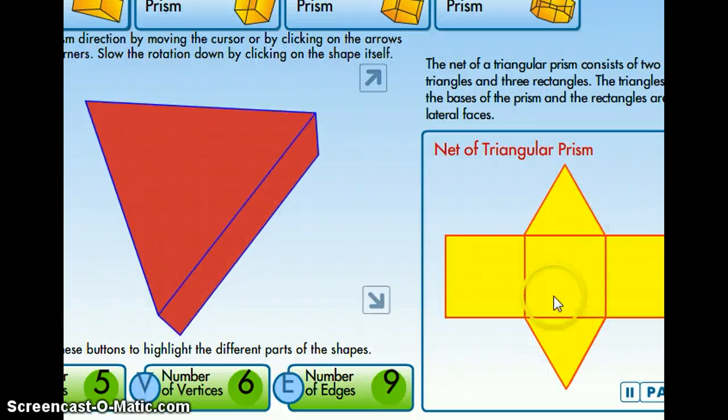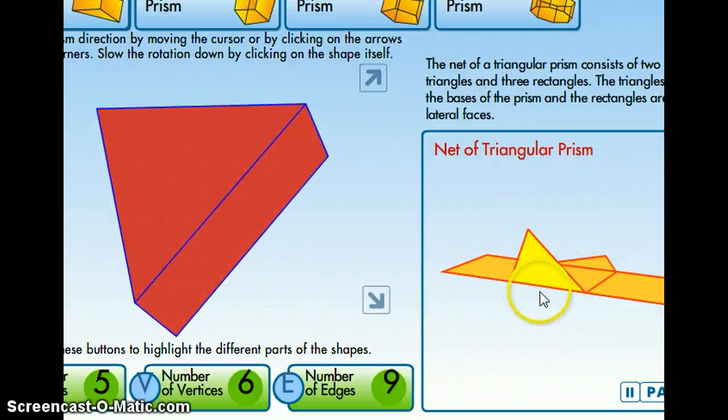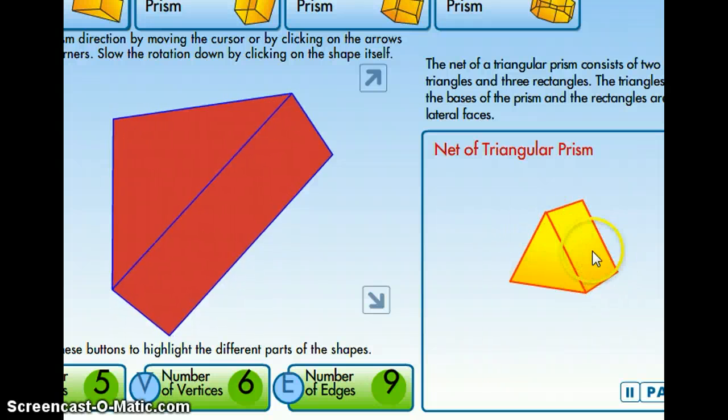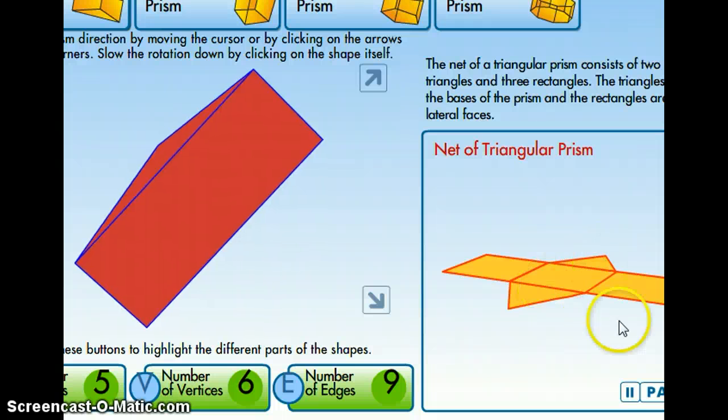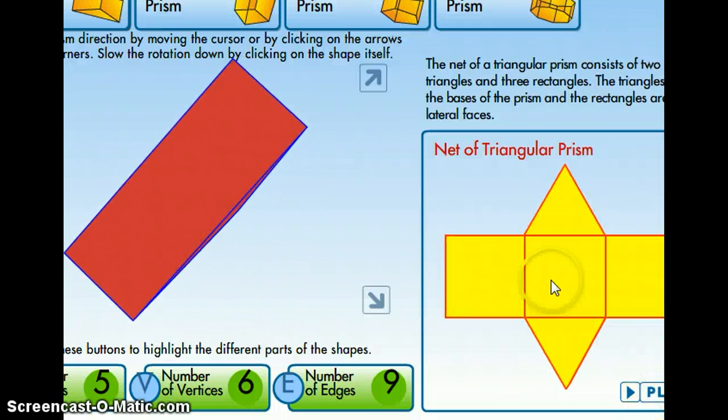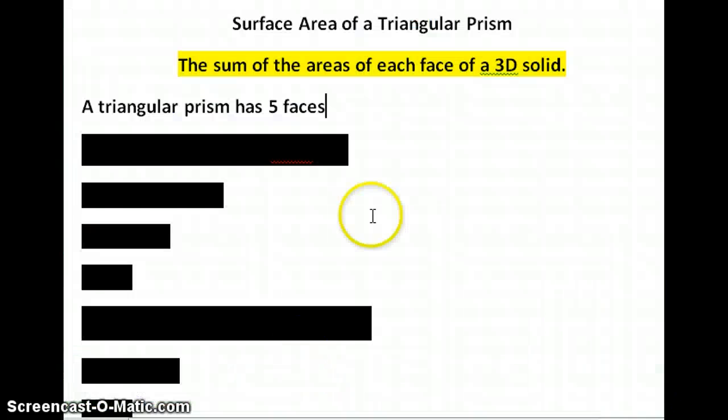And you can see here with the net that there are 2 triangles and 3 rectangles. Just like that. So let's go back here. A triangular prism has 5 faces. We have to figure out the area of each of the faces and add them up.